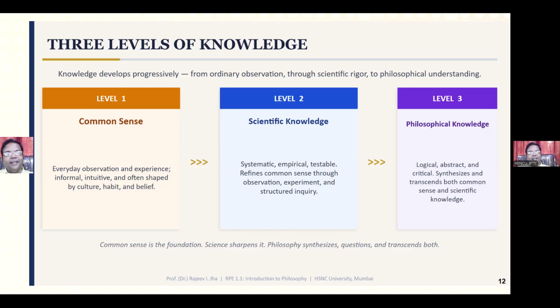Common sense is the foundation. Science sharpens it. Philosophy synthesizes, questions, and transcends both. For PhD researchers, you must be able to operate at all three levels. But it is the third that justifies your degree.